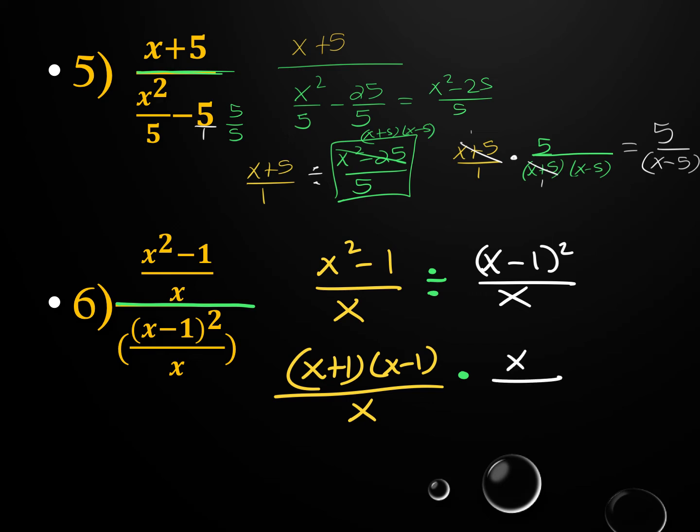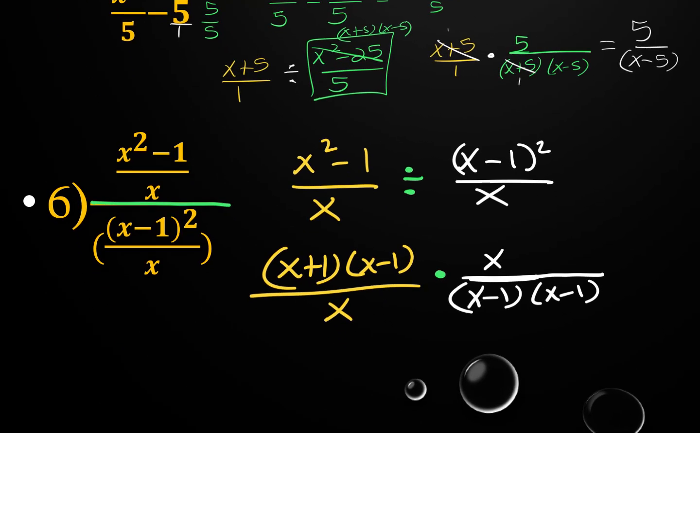And what I can do here is I'm going to also make the binomial that's squared. I'm going to write it 2 times. Now I'm going to look for things to simplify. I can simplify the x minus 1, and I can simplify the x's.